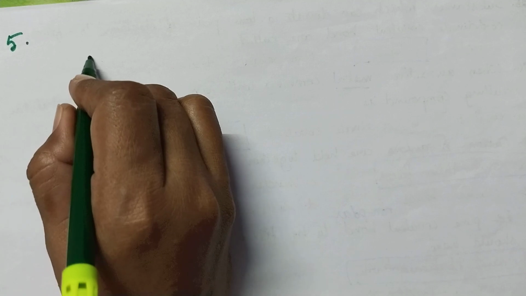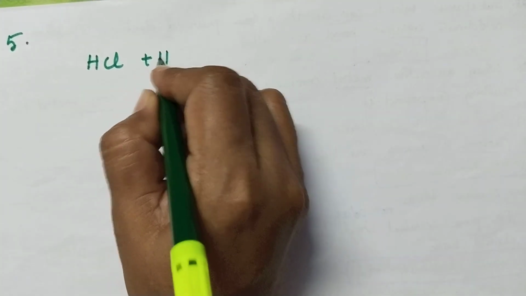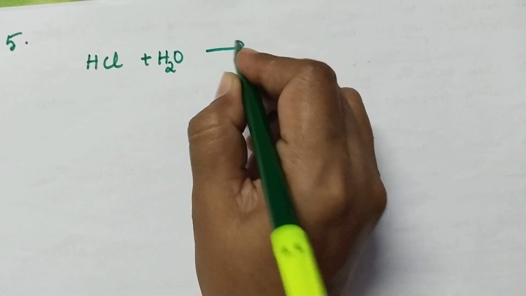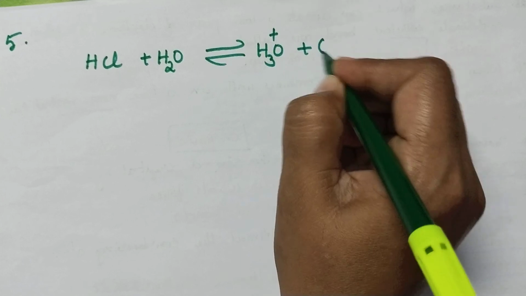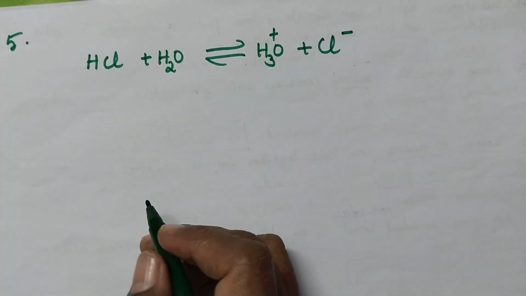And also remember the fact that always when we consider a strong acid, then it results in the formation of a weak conjugate base.